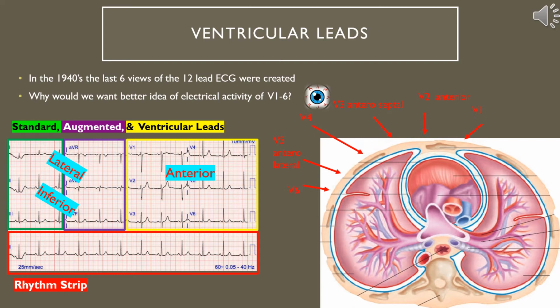Here I have a typical 12-lead EKG. The bottom is your rhythm strip. So this is a good evaluation. You can look at this to generally come up with heart rate.